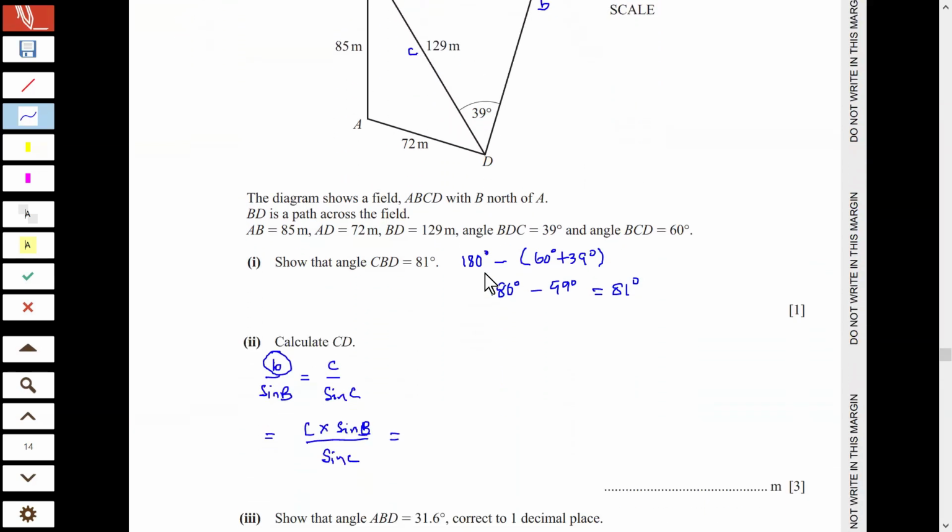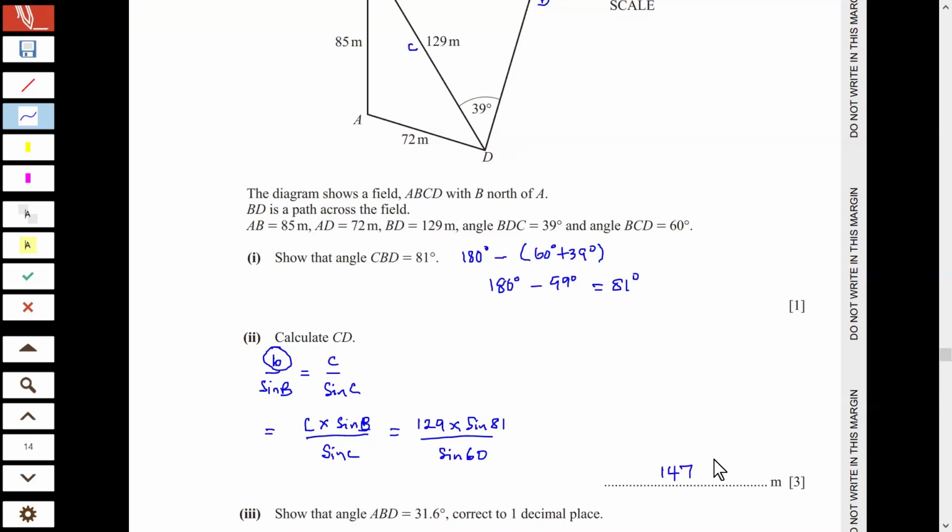Substituting into the formula, we have 129 times sine 81 over sine 60. Using your calculator, you multiply 129 by sine 81 and then divide by sine 60. We get 147 meters as the answer.